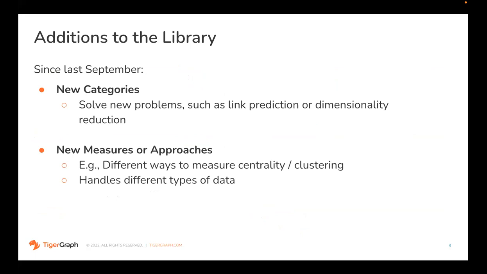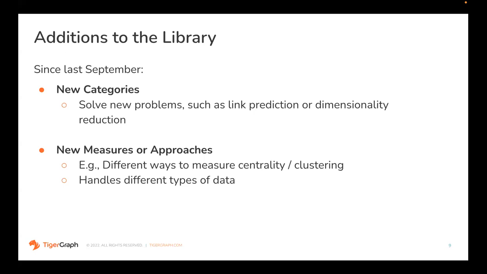We improved that. And we also introduced like 20 new algorithms. So that includes new categories. So whole categories solving different types of problems, such as link prediction or a graph embedding. And we'll talk about graph embedding. There's sort of multiple ways to think about it and what it does for you. One thing that a data scientist would understand is if you said dimensionality reduction.